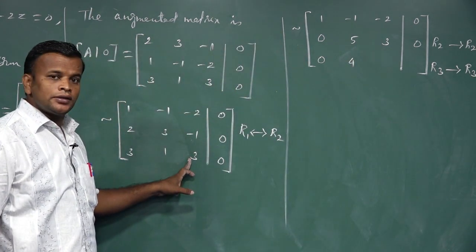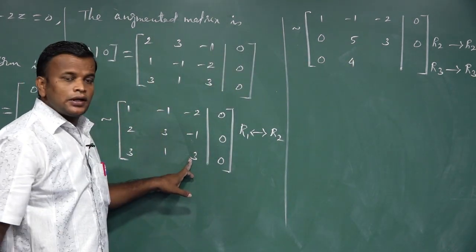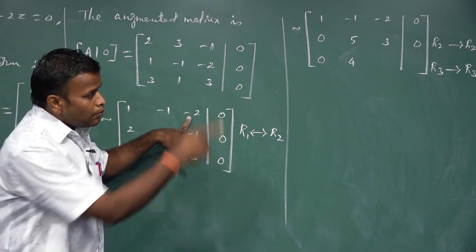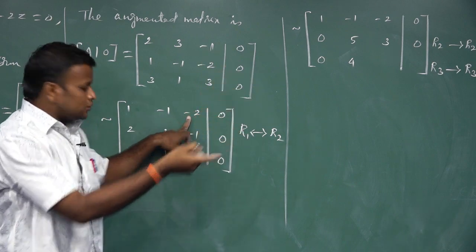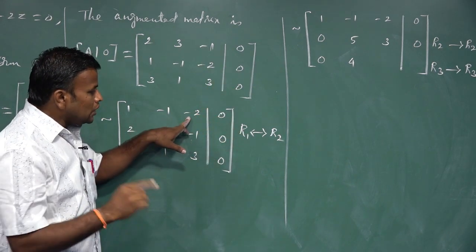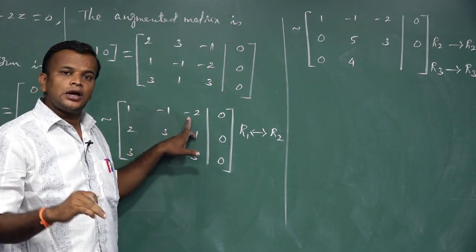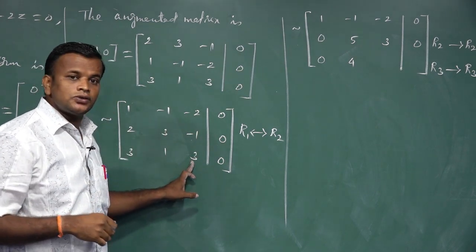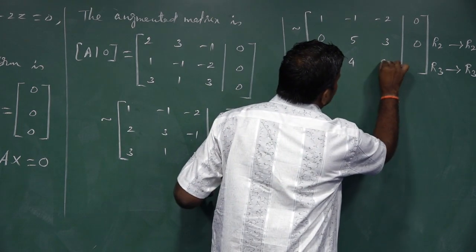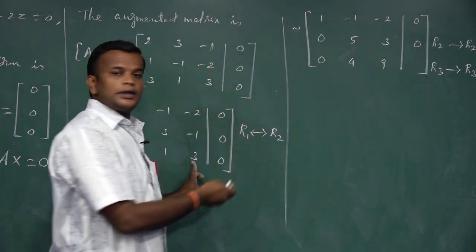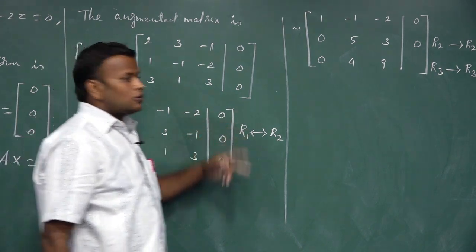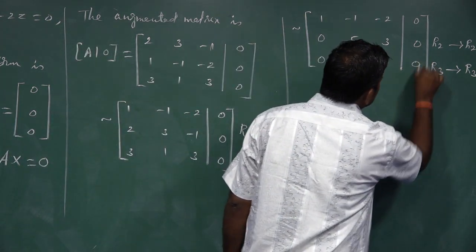Now the number 3. R3 is 3 minus 3 times R1. So 3 minus 3 of minus 2. Minus 3 of minus 2 is plus 6. Plus 6 plus 3, we get 9. It's a small number, so I directly write the answer. Next one, 0, 0. Whatever process we do, it becomes 0.